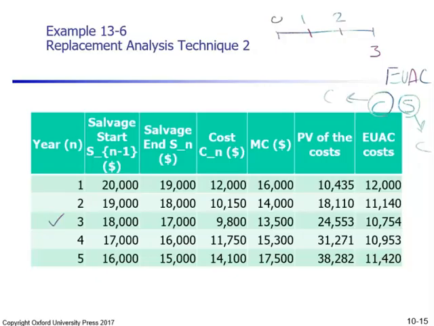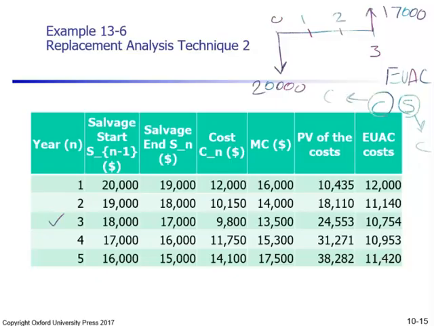and here 0. You are paying $20,000 for your machine now. After 3 years, you are going to sell it for $17,000. So here we have 20,000, and here we have 17,000.